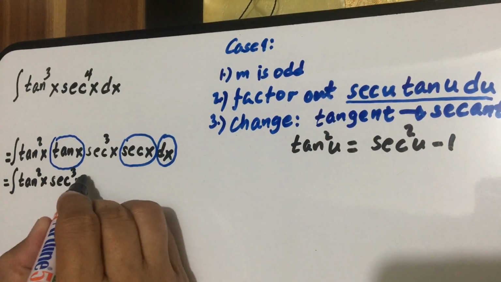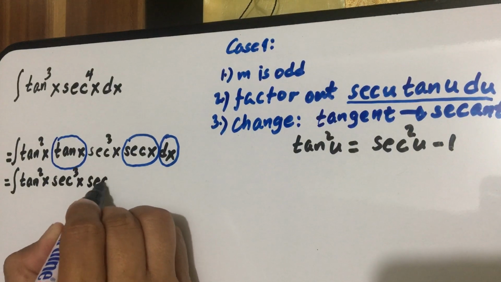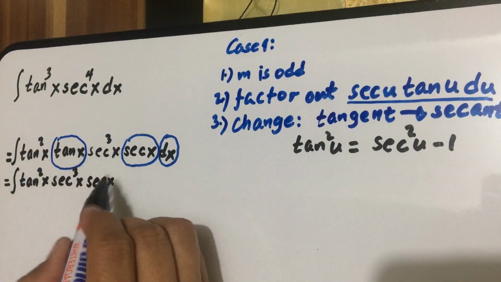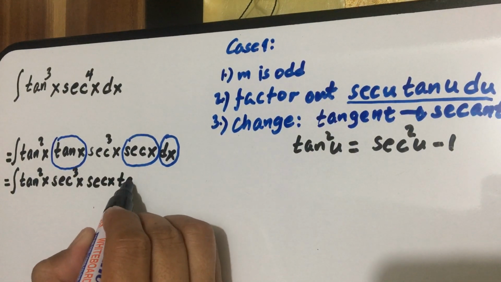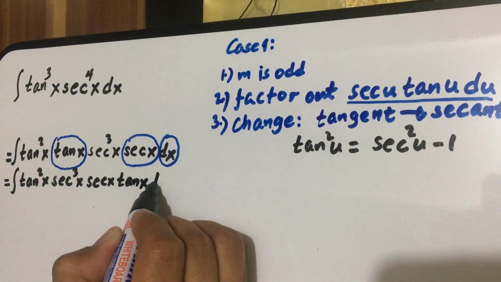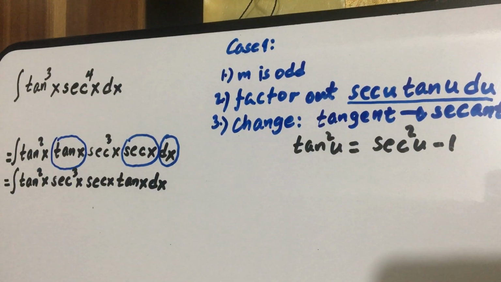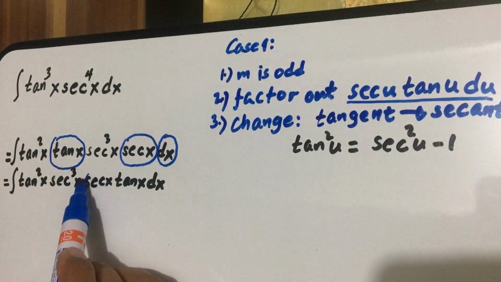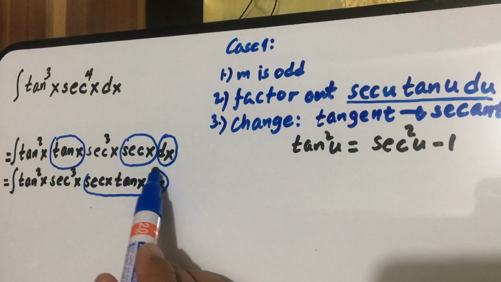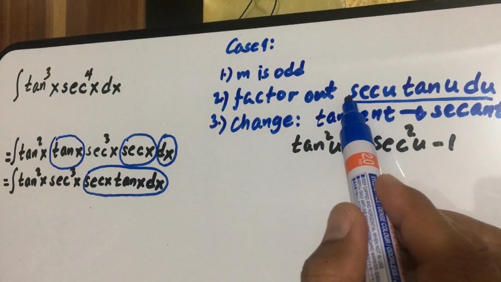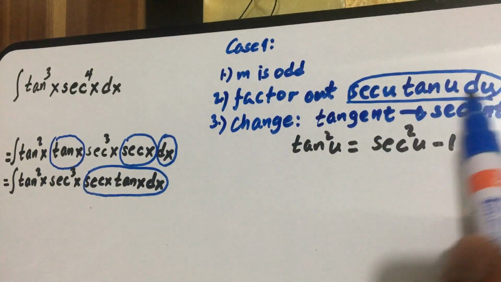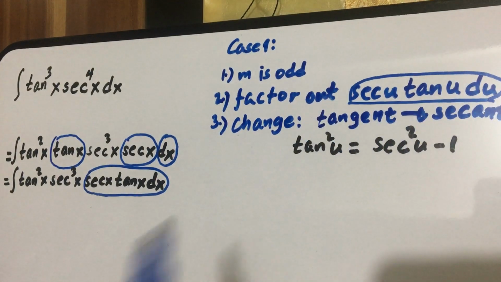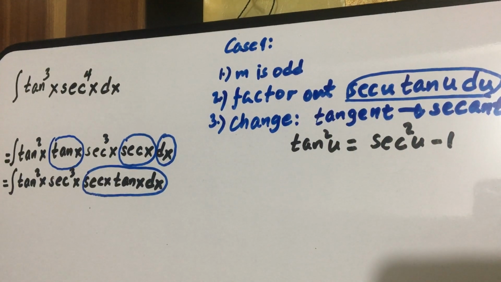So we can write secant x first, then tangent x, then dx, just to make sure that we have secant x tangent x together so that we can apply this rule. We have to factor out secant u tangent u du. Then after that we have to change the remaining tangent to secant.